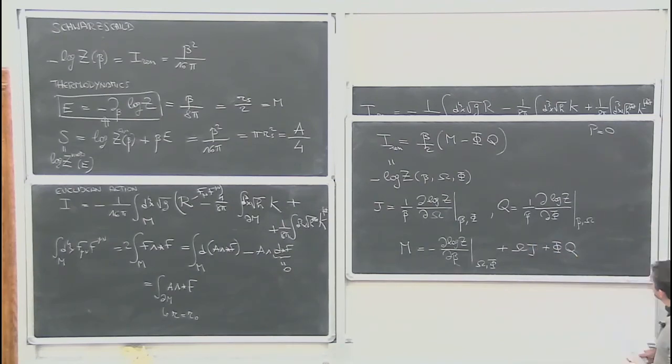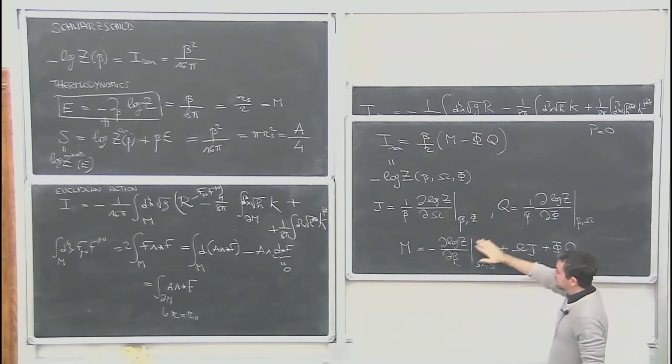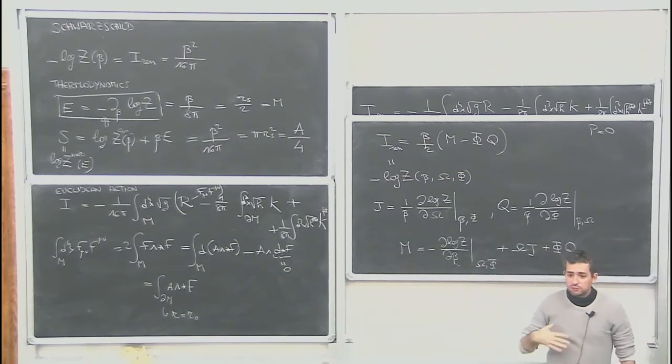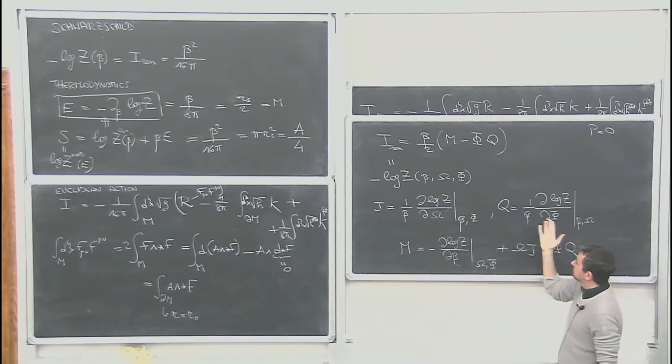These are, so let me first comment on these expressions. These are the expressions for the angular momentum, the charge, and the mass that you would obtain when you work with the grand canonical ensemble. You have the grand canonical partition function, and these are the definitions of the different charges.